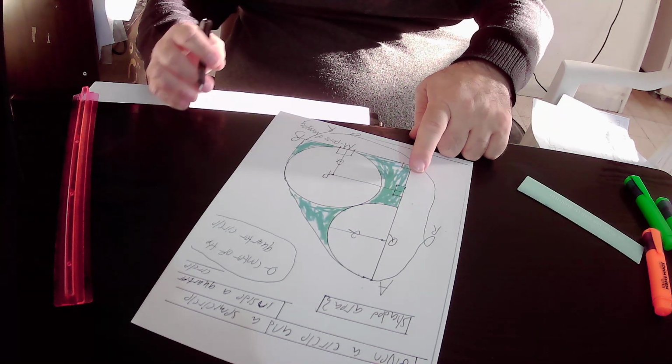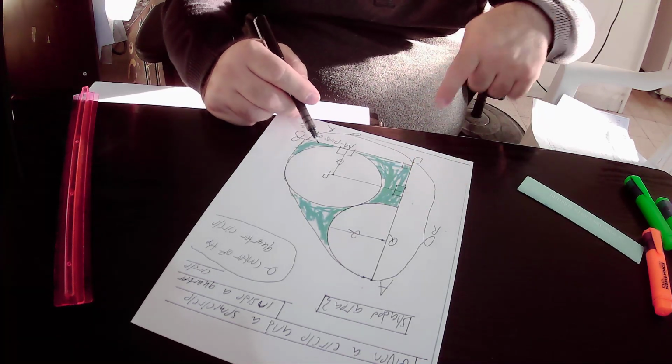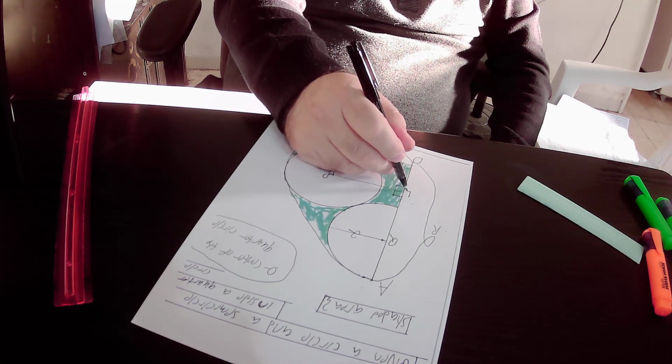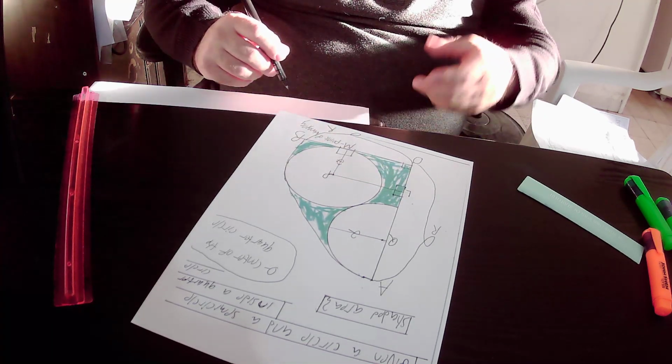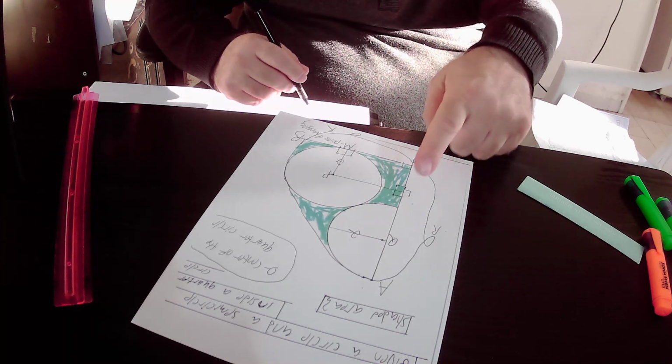And we will define the touching point of the perpendicular from point P and QO as L. I'll repeat again, point L is the touching point of the perpendicular from point P and QO.